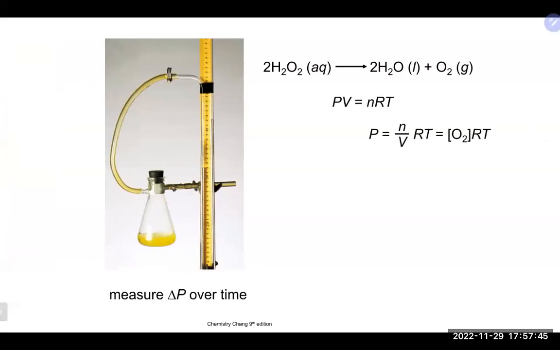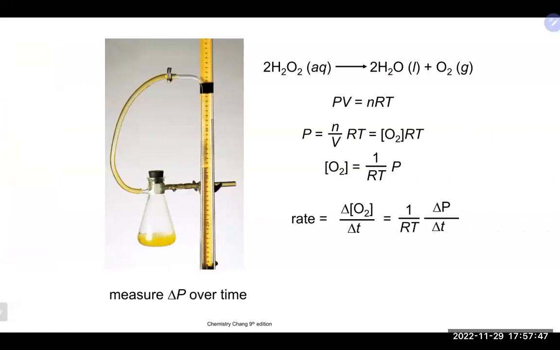Now, if we happen to have a reaction where we don't have any type of colored product that would be made, and maybe it's all gases here, as we can see, we could also do a rate study by looking at pressure. In this case, the only gas that's present is oxygen gas.